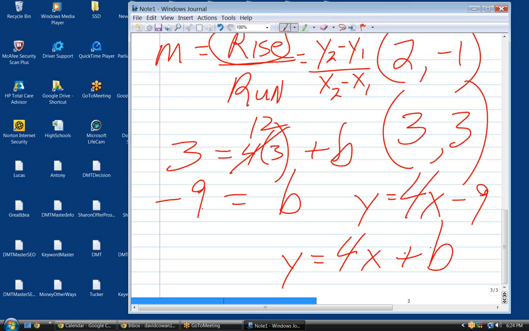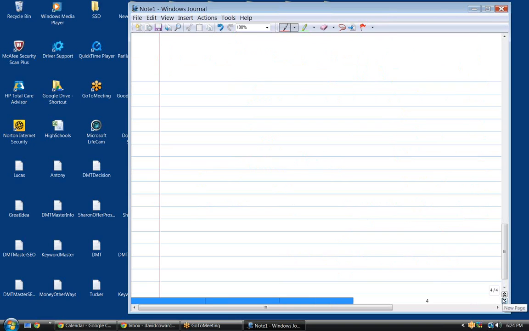So we did one where we had slope and 1 point. We did this one where we had just 2 points, no slope, and we had to figure out the slope. There is one more way they will present it to you. That is, they'll give you slope and y-intercept.